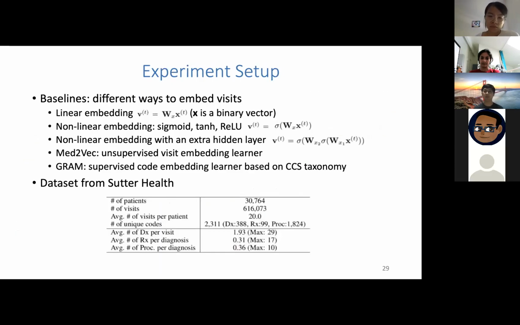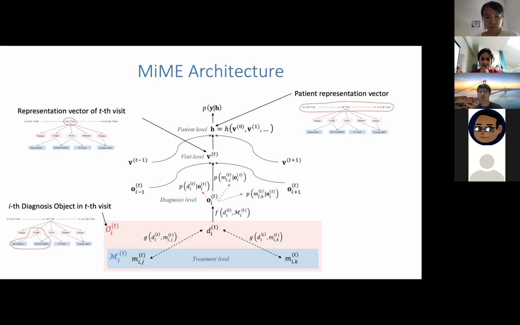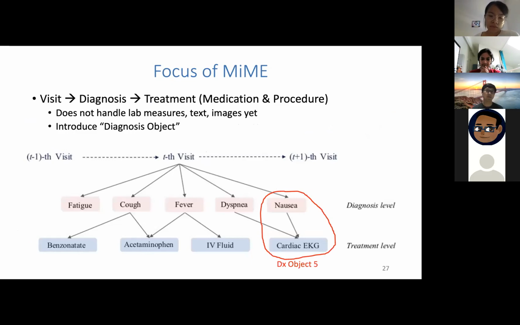Hey, Edward, can I ask you one quick thing? Sure. Can you go to the previous slide once? This one? Yeah. My question is, how do you actually understand which treatment is applied for which diagnosis? Do you collect that? Oh yeah, that's a very good question.